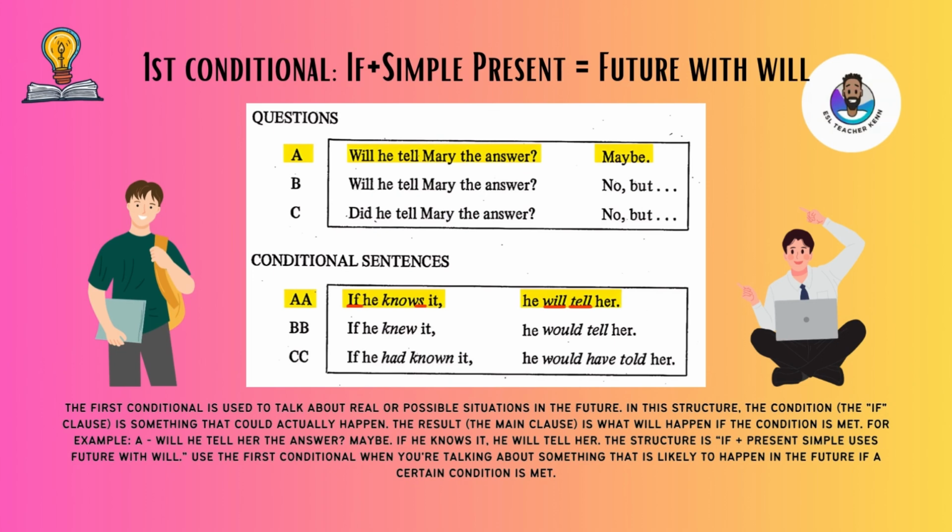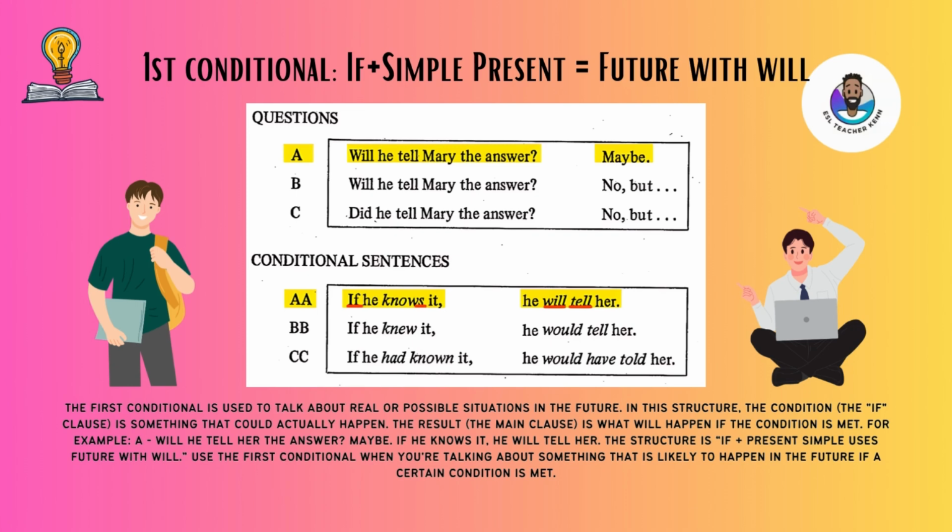The first conditional is used to talk about real or possible situations in the future. In this structure, the condition, the if clause, is something that could actually happen. The result, the main clause, is what will happen if the condition is met. For example, A. Will he tell her the answer?